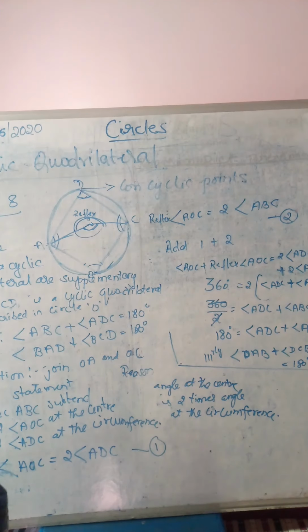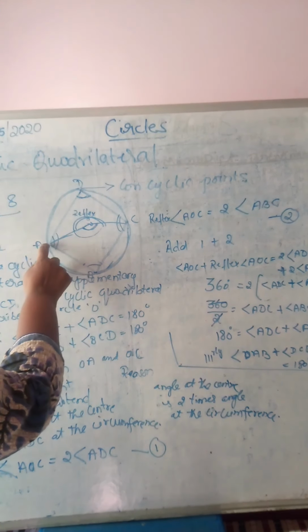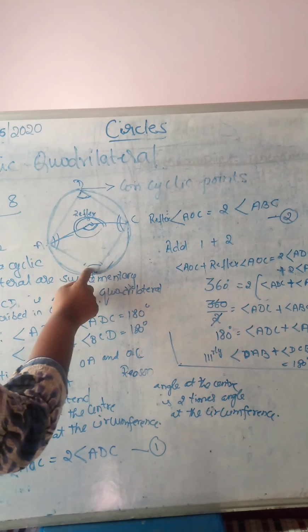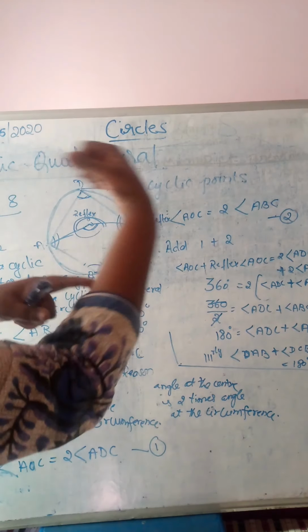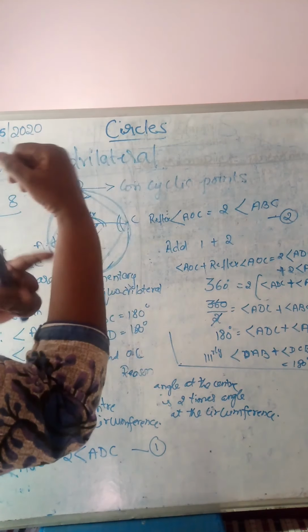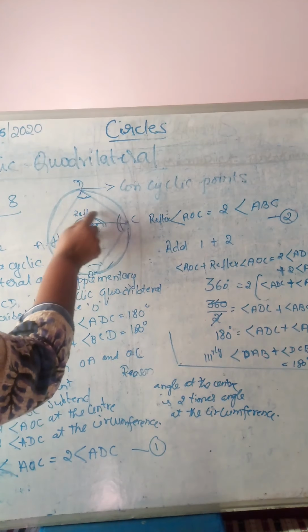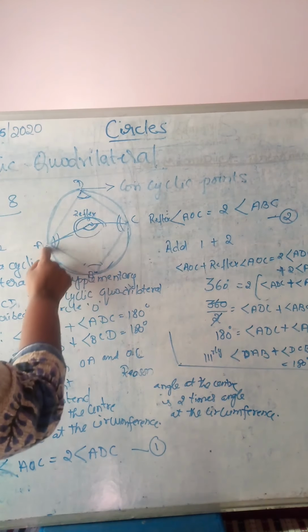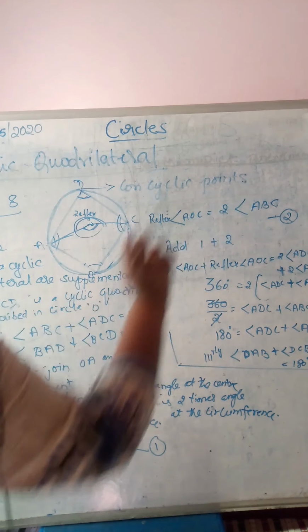Now arc ABC also subtends an angle here and here. I told you this is the acute or obtuse angle, and this is the reflex. So the reflex angle AOC will be equal to 2 times angle ABC.